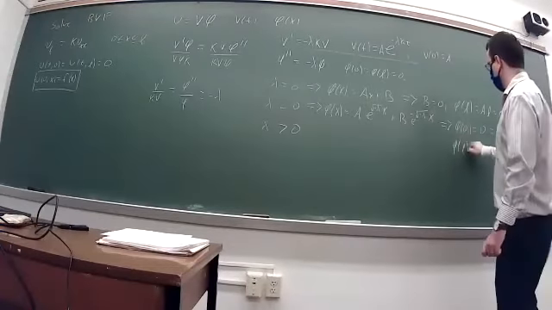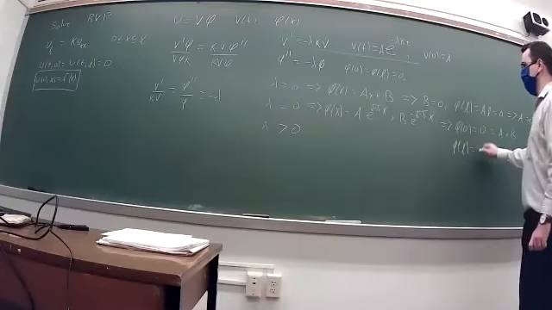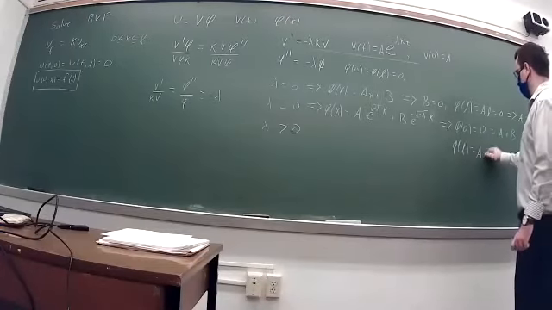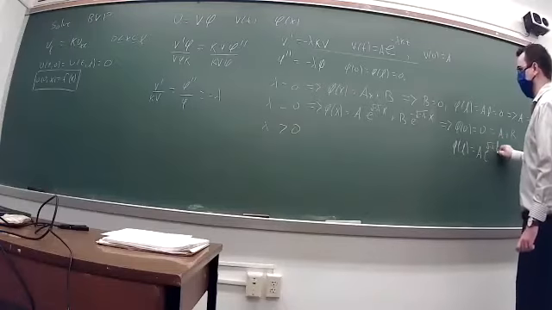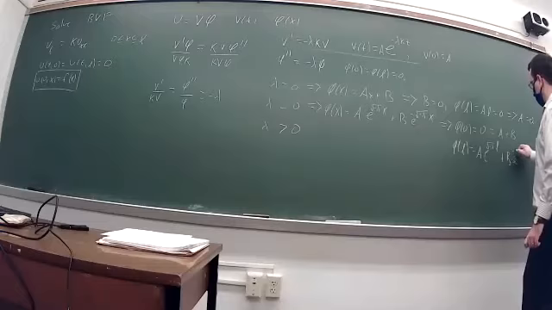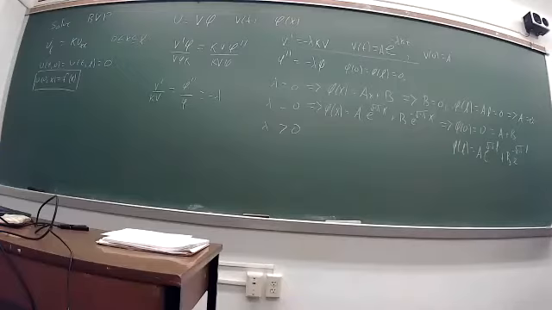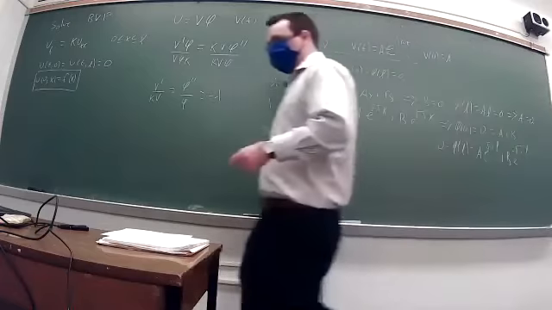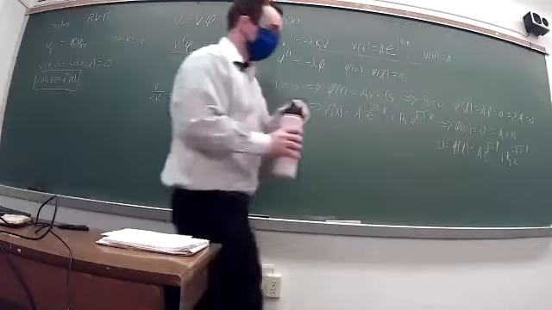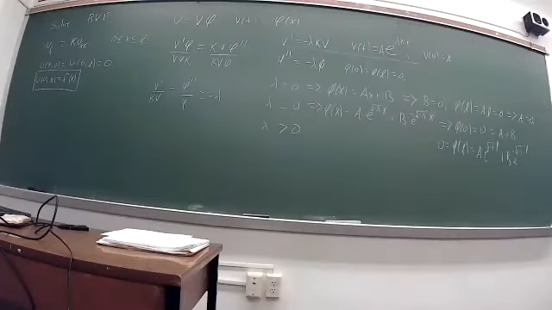And then look at phi of L, which is now a times e to the root lambda L plus b times e to the minus root negative lambda times L, which is also equal to 0. And so now I'd like to argue that A and B are both 0. Would any of you like to help me out? How would you argue that? I'm going to take a drink of water outside, but then I'll come back and hear your answer.